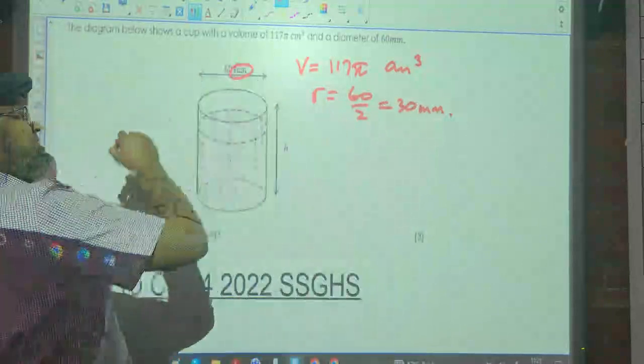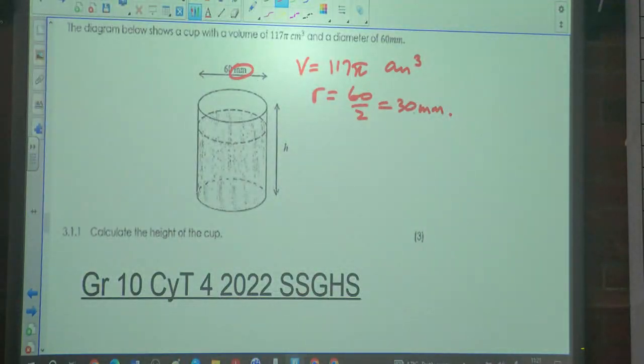No, it's given in millimeters. So what do we notice from the offset? That the volume and the radius are not in the same SI unit. One is in millimeters and the other one is in centimeters cubed. So to do calculations, it must be in the same SI unit.